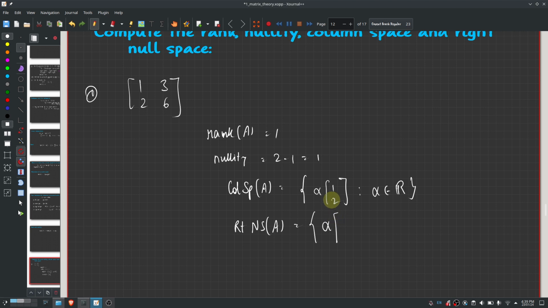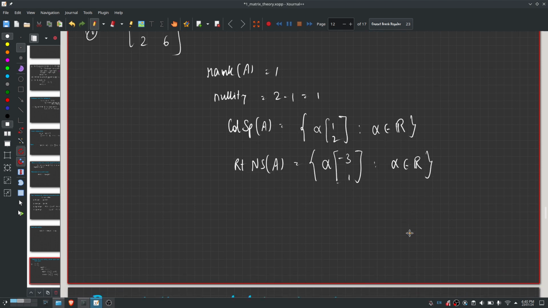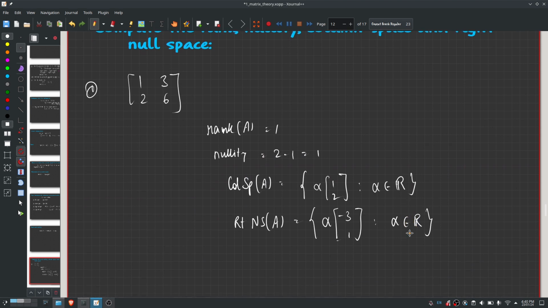The right null space, remember, this matrix times the vector should be equal to the 0 vector. Yeah, minus 3 comma 1. So if I take this matrix times minus 3 comma 1, I get the 0 vector. So that just gives me a basis.